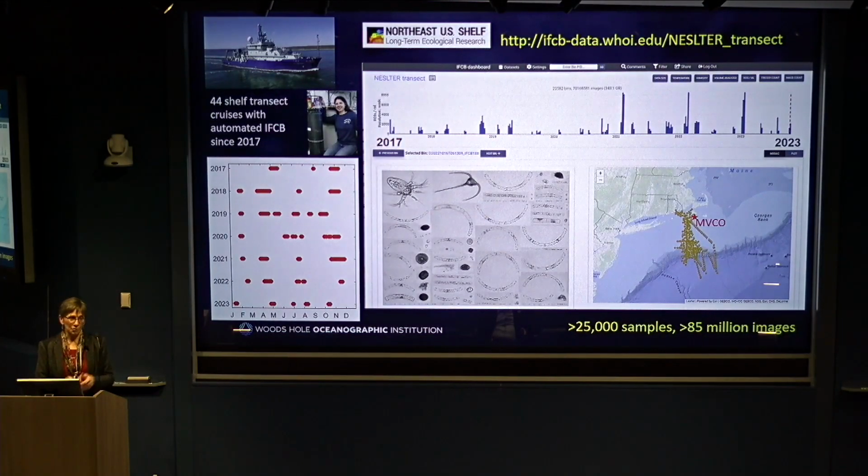On these cruises, of course, we set up IFCB so it can sample automatically the entire time that the ship is underway. So since 2017, we've collected, again, tens of millions of images that extend from the nearshore observatory near the coast all the way out to the upper continental slope, where the ocean water is about 2,000 meters deep. So it's a very large region, and we're analyzing it with the same techniques that we're using at the Coastal Observatory.